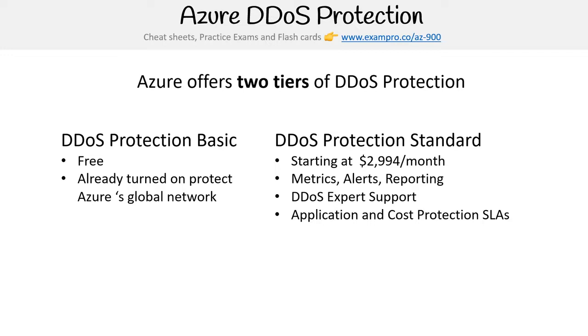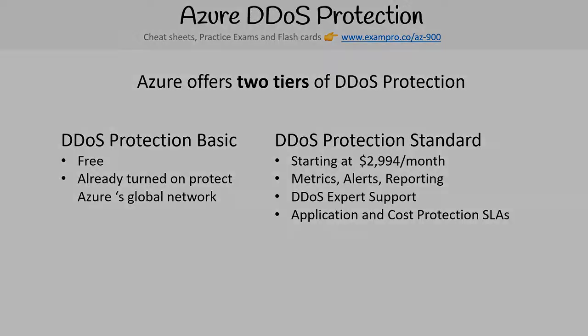You'd get metrics, alerts, reporting. You'd get a DDoS expert that you can talk to, or a team that you can talk to, and they'd have a guarantee of application cost protection. So SLA. So if they couldn't prevent the attack and you lost the cost of money, they're going to give you credits or help you out. Okay, so that is DDoS protection for Azure.